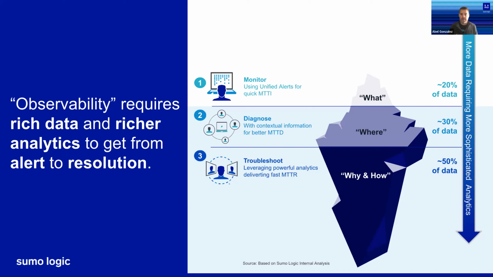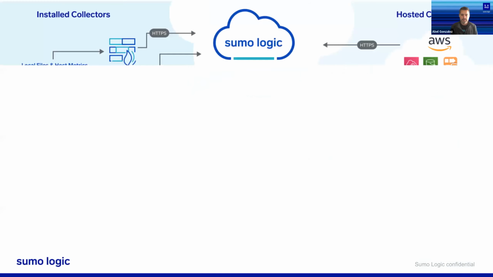Whereas in the past, with the large amount of data that these systems are generating, it becomes impossible for a human to sort manually through all of this information. And that's why we need this richer analytics platform to handle it.